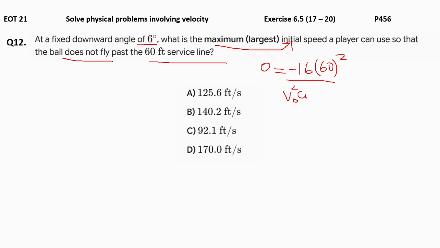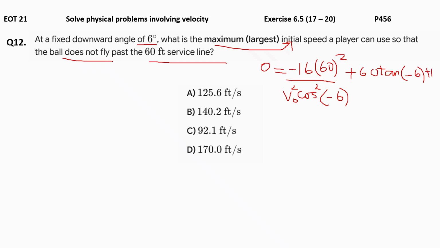Cos square, downward angle, they mentioned downward angle, so cos square -6 plus 60 tan -6 plus 10.